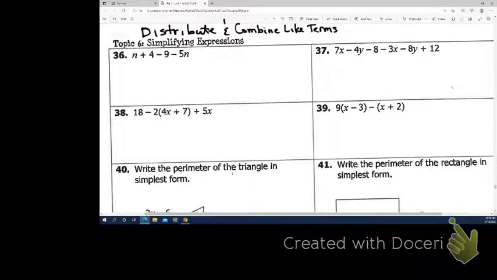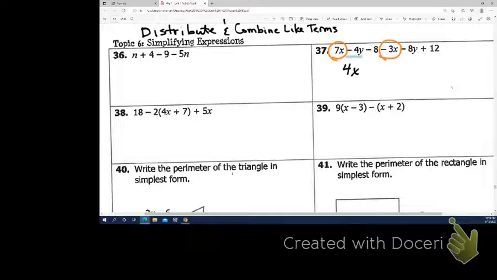So for instance, 37 has both x's and y's, so they're going to stay separated. 7x, negative 3x. Notice how I kept the sign with whatever follows it. So 7 and negative 3, we've got 4x.